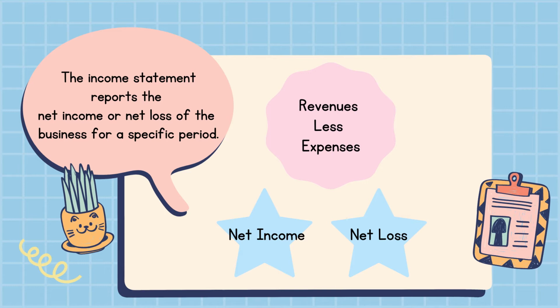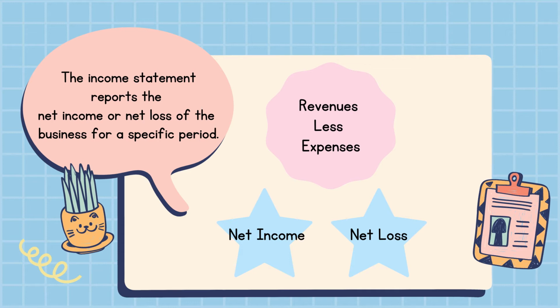Now, the first statement is the income statement, which reports the net income or net loss of the business for a specific period, such as a month, quarter, or year. The income statement tells whether the business generated net income or suffered a net loss.